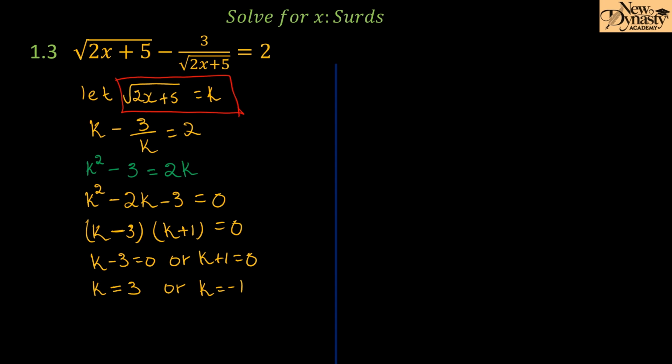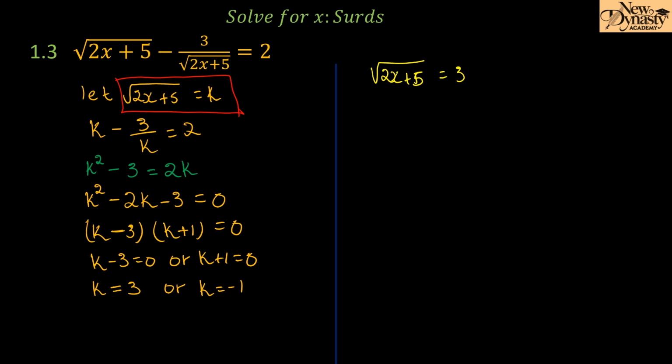for the first one where k equals 3, we're going to say that root of 2x plus 5 equals 3, that is the first root of k. And you know the rule here, grade 11, sorry.